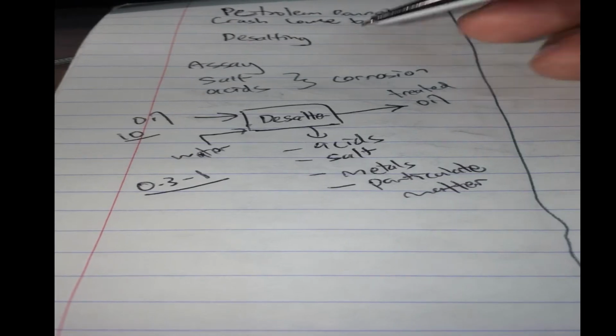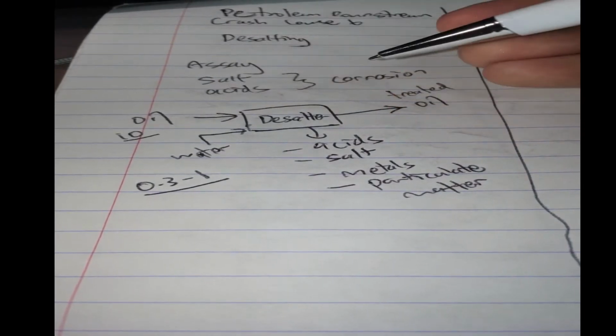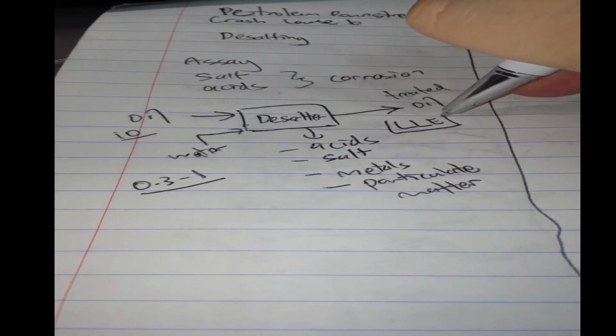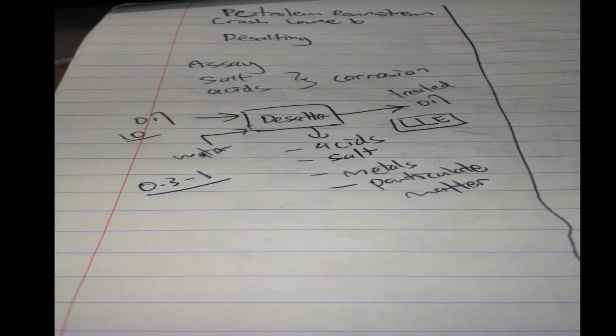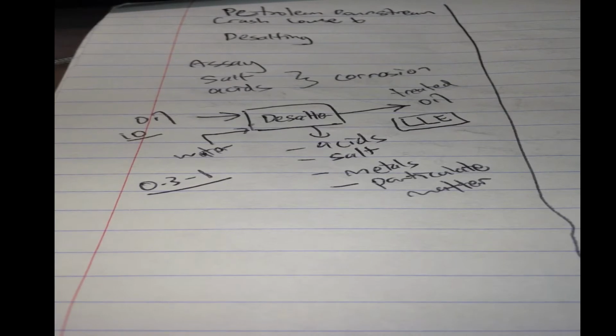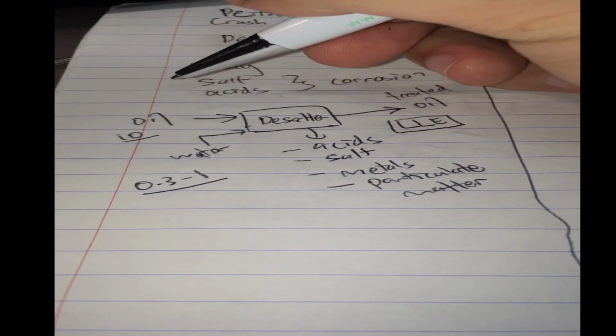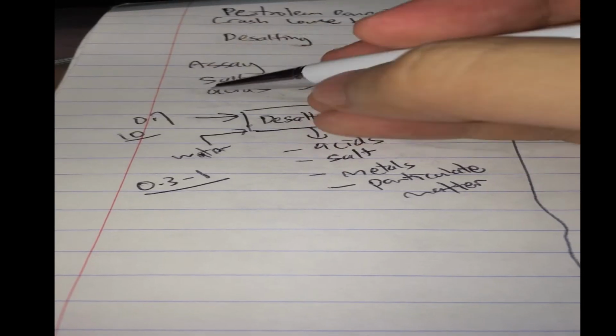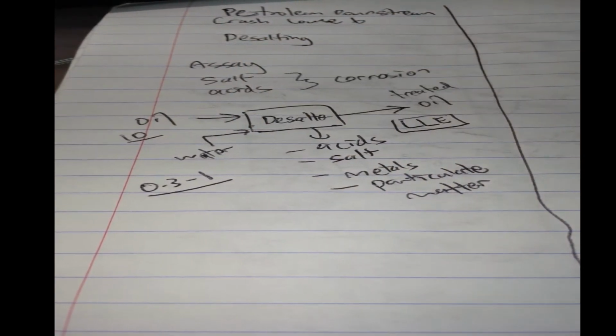Now, if you're a chemical engineer, you'll know this is something called liquid-liquid extraction. This is one case of liquid-liquid extraction. So it's good to actually know that kind of stuff. And besides that, why do you need to use less water in some cases and more in others?